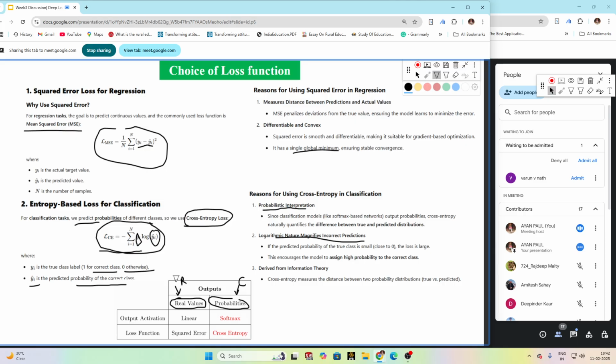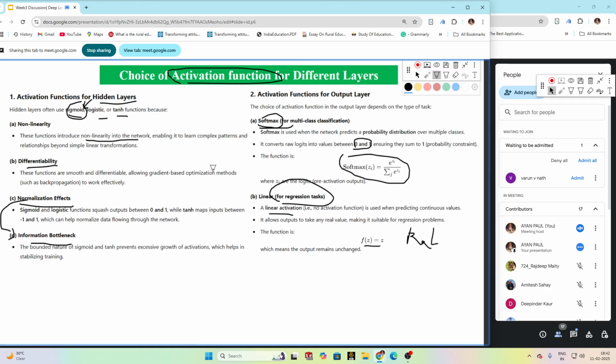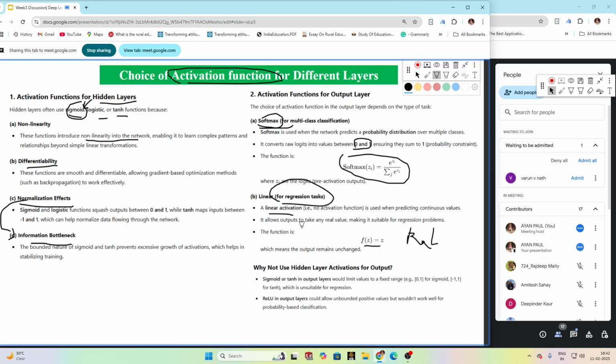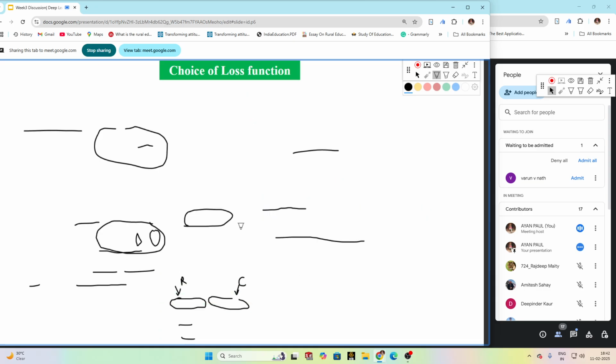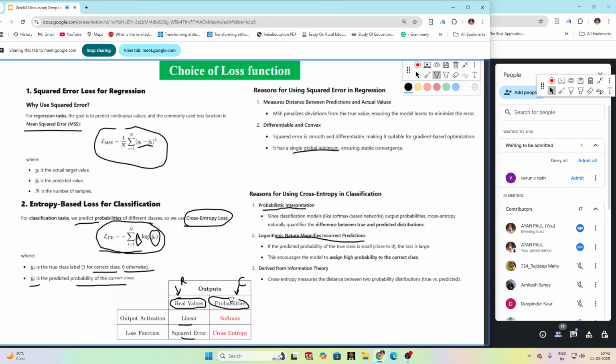Whenever our case is regression, we use a linear output activation function and squared error as the loss function. In the previous slide we saw that we use a linear activation function in the output layer for this regression task.